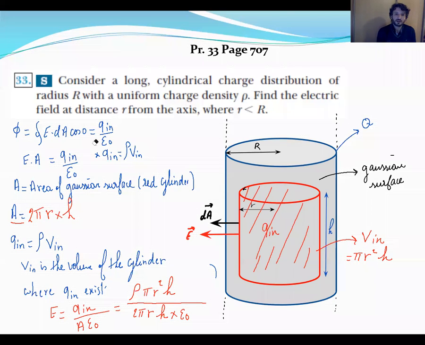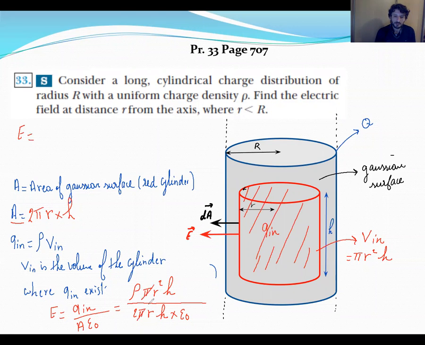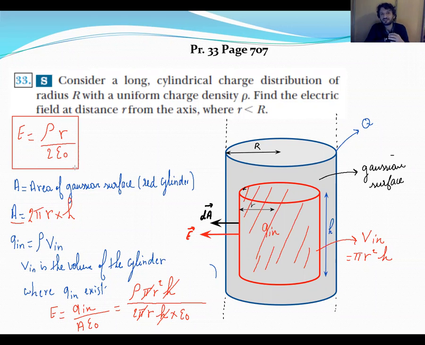We can get finally E: pi and pi, h and h we can cancel. We get finally rho r divided by 2 epsilon 0.